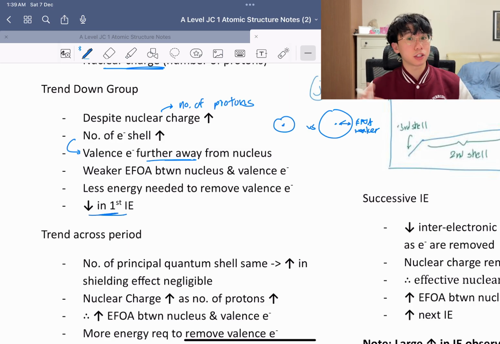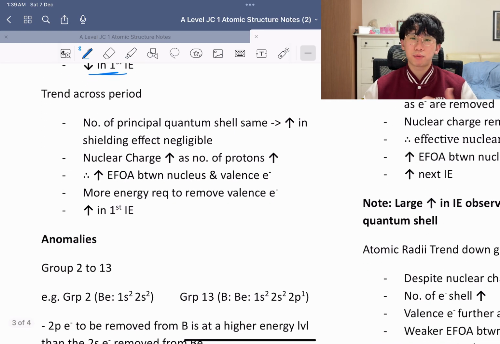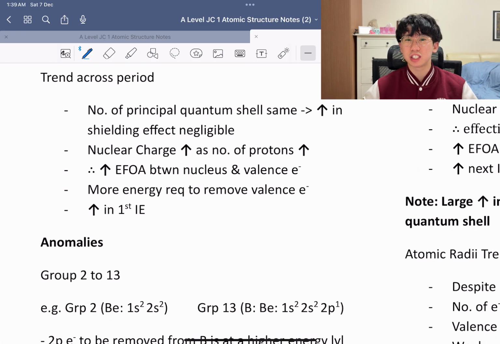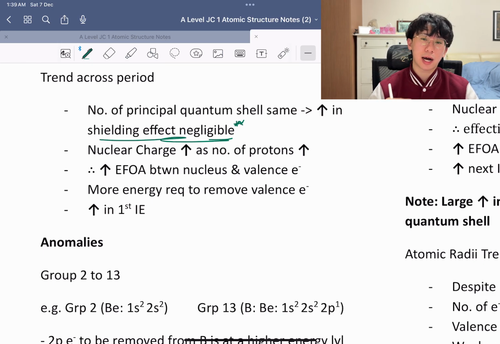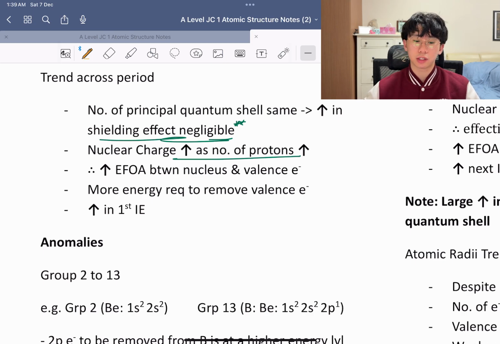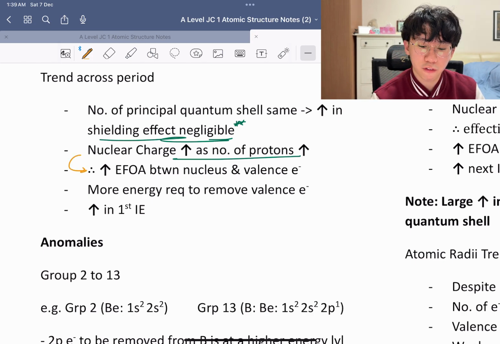And now the trend across the period. The number of principal quantum shells is the same, so there's not really an increase in shielding effect. But the nuclear charge increases because the number of protons increases. When you compare these two, you always want to take nuclear charge and shielding effect into consideration. Overall there's an increase in nuclear charge, so the effective nuclear charge increases.